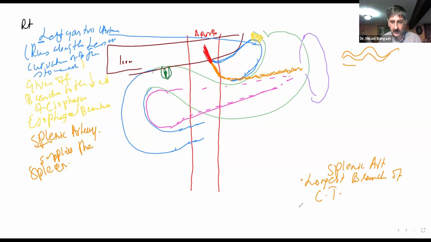Now we can also say that it's going to run behind the stomach. Behind the stomach can also be translated as retrogastric.